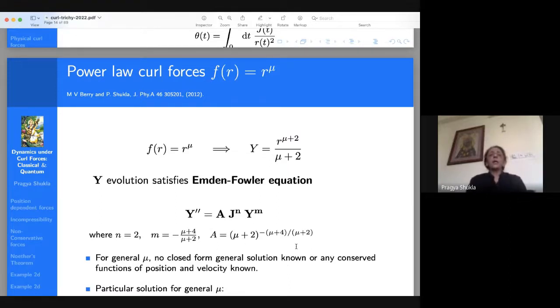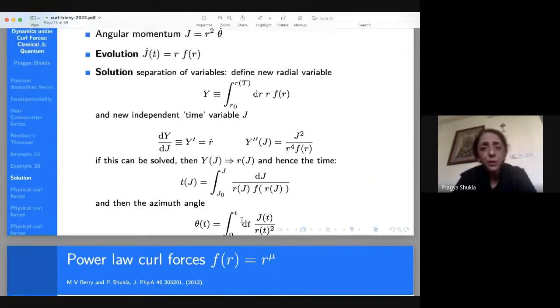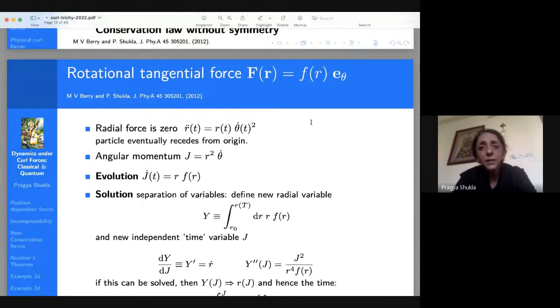So what I am trying to say, if I have gone very fast and I have not been very clear, is that if you start with this kind of force, a rotational tangential force, the idea is to study the dynamics of the particle under this force field, whose curl is not zero.